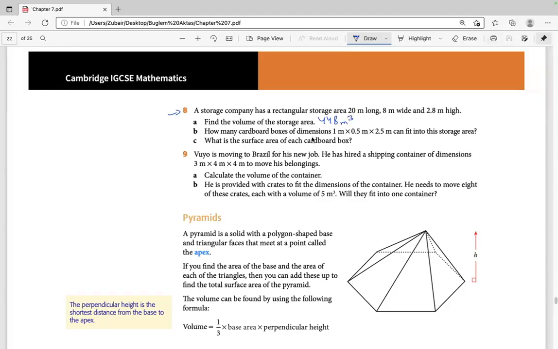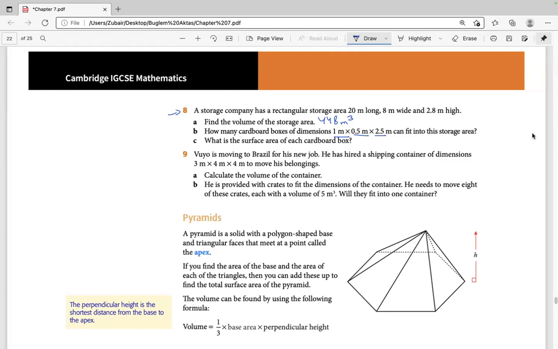How many cardboard boxes of dimension 1 meter by 0.5 meter by 2.5 meters can fit into this storage area? 358.4. I mean 359. How did you do that?